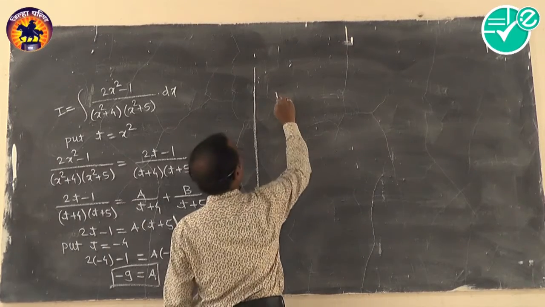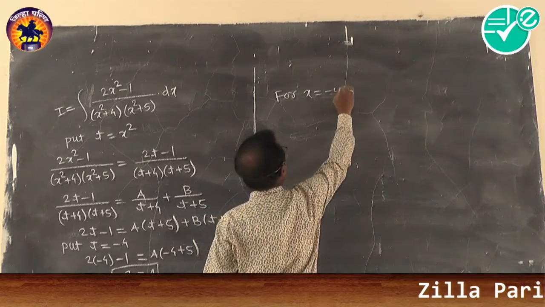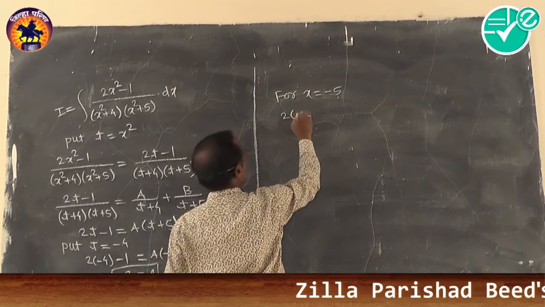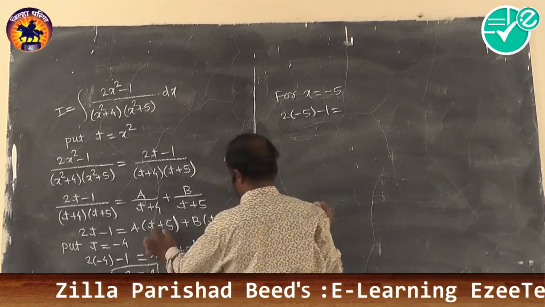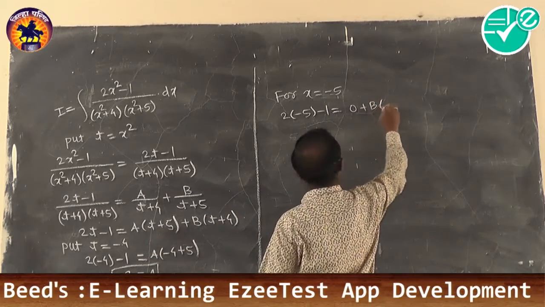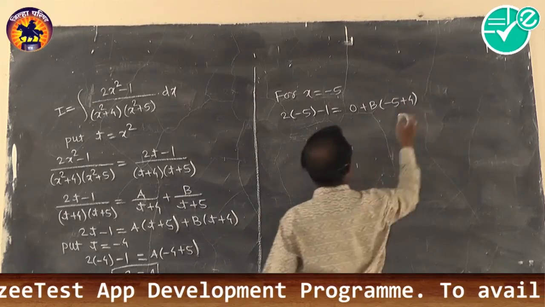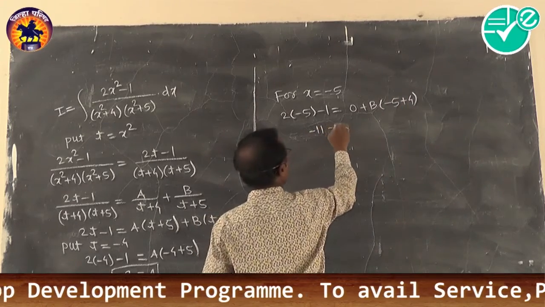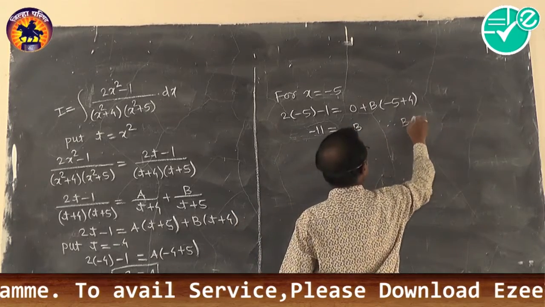Now put t is equal to minus 5. 2 into minus 5 minus 1 is equal to a into minus 5 plus 5, which becomes 0, plus b into minus 5 plus 4. We get minus 11 is equal to minus b. Therefore, b is equal to 11.